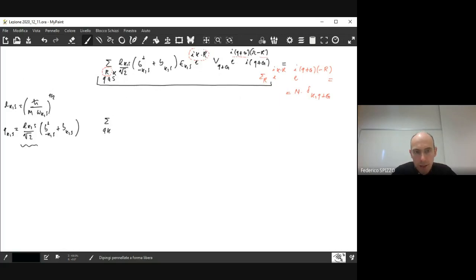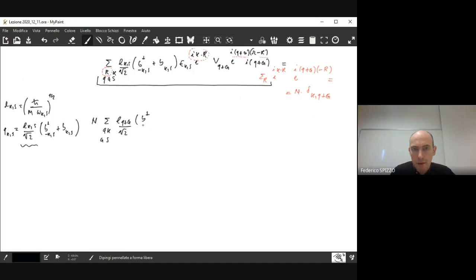So I have the sum over Q, K, G, and S. And the result of the summation is this delta. So I have this n factor in front of the summation. Then I have L. In principle, I should write Q plus G divided by the square root of 2.